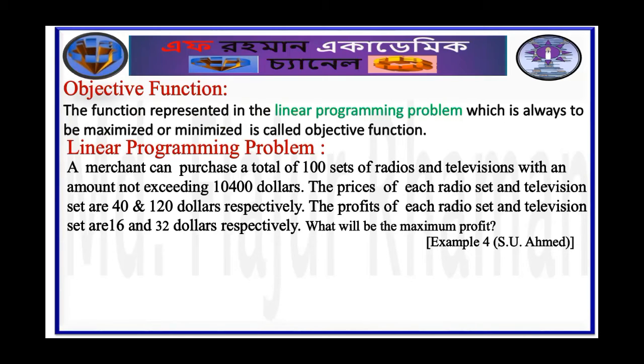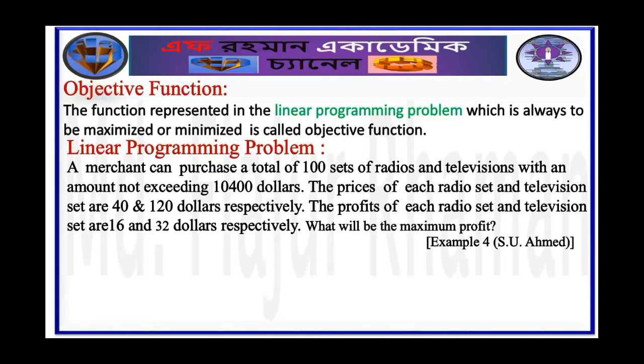The prices of each radio set and television set are $40 and $120 respectively. The profits of each radio set and television set are $16 and $32 respectively.